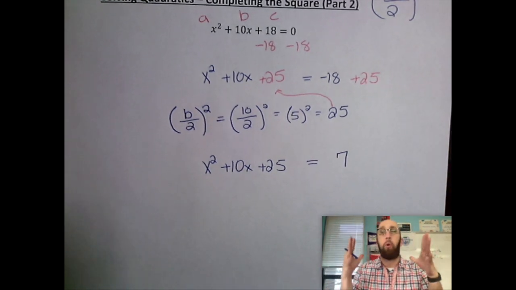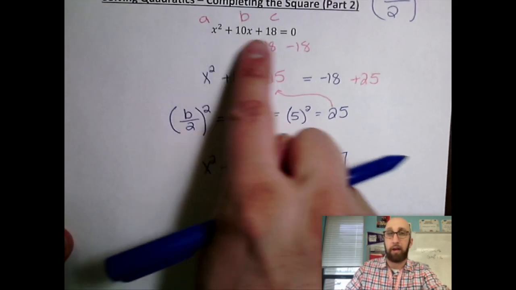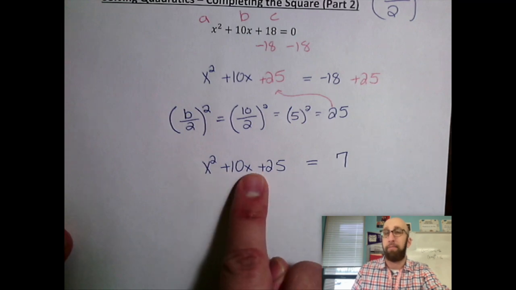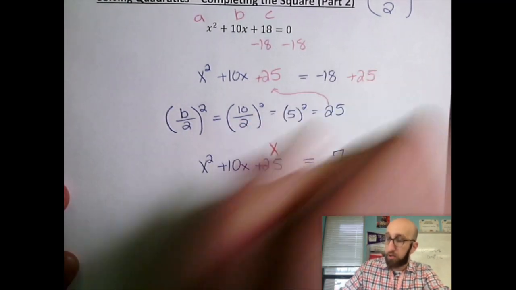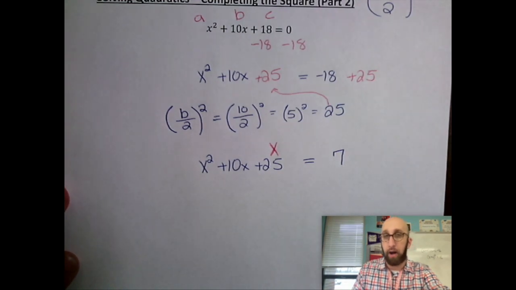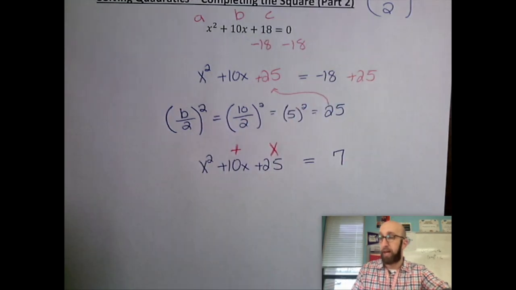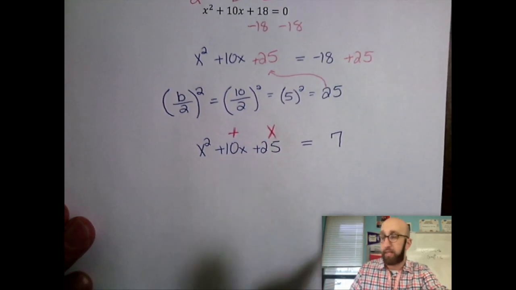Okay. So the objective with completing the square is we wanted to take something that couldn't be factored, and by completing the square make it something that can be factored. So we're now going to factor. We're looking for two numbers that multiply to 25. Those same two numbers need to be able to add to 10.